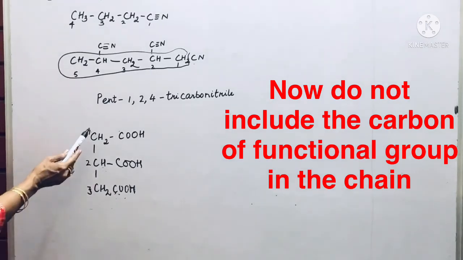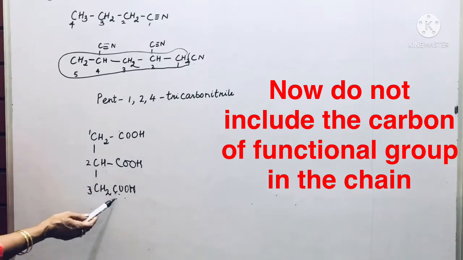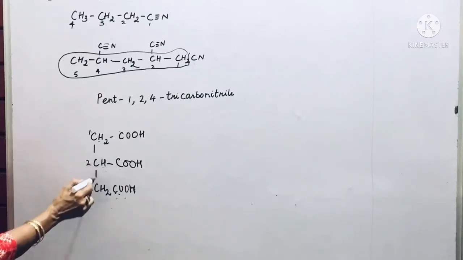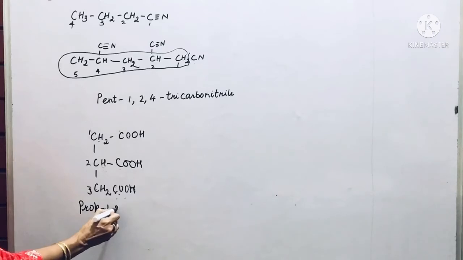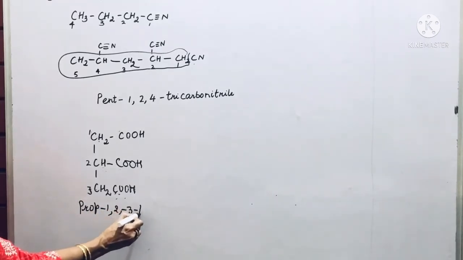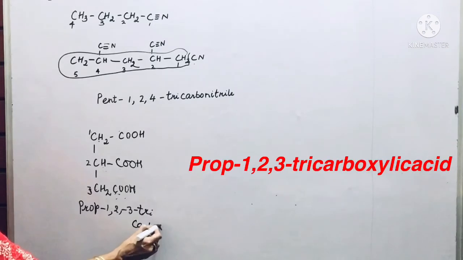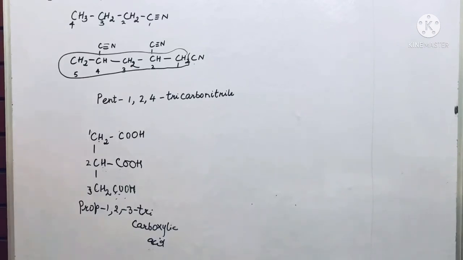So COOH, first one is present at place 1, second at place 2, third at place 3. So we'll say it is propane-1,2,3-tricarboxylic acid. So the names change a little when more than 2 same functional groups are present on a chain.